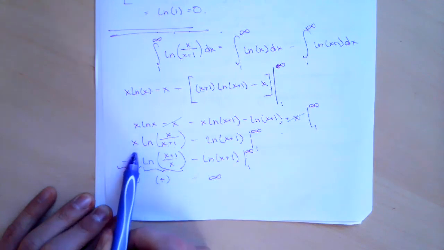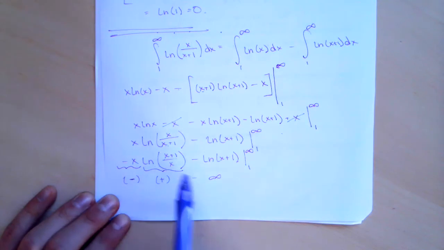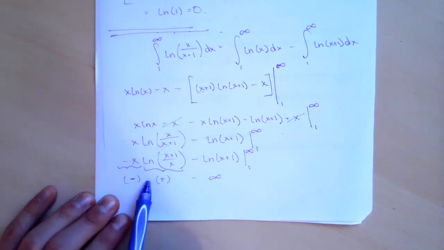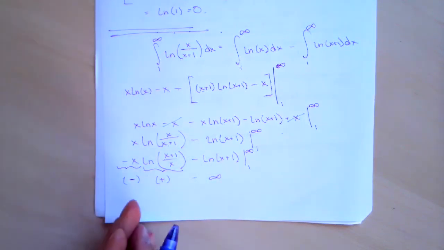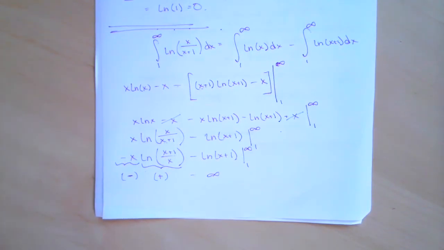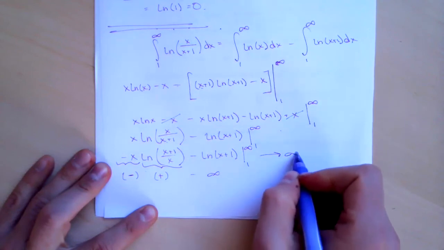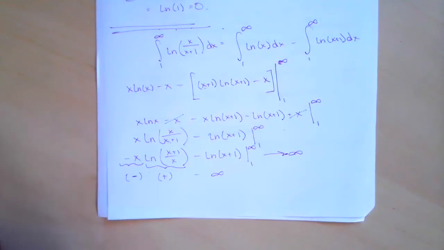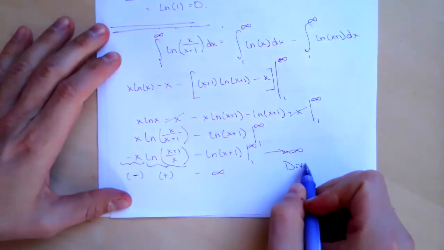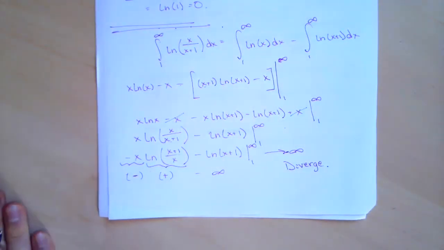Which means I really have a negative number, whether it's minus a constant or minus infinity, minus another infinity. And so negative infinity minus infinity, or a negative constant minus infinity, both situations, it'll go to negative infinity specifically. So this will diverge.